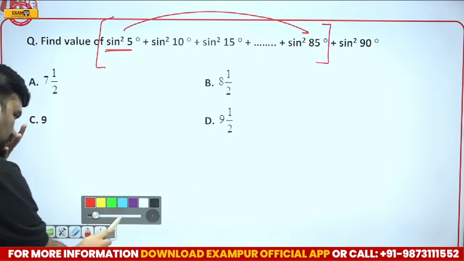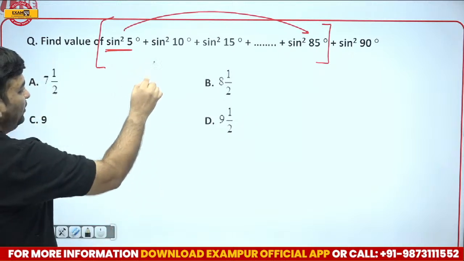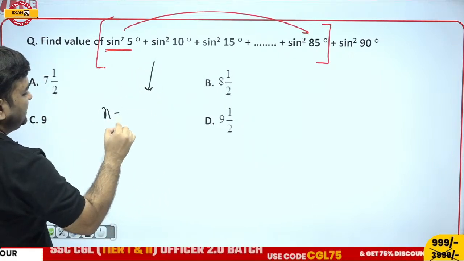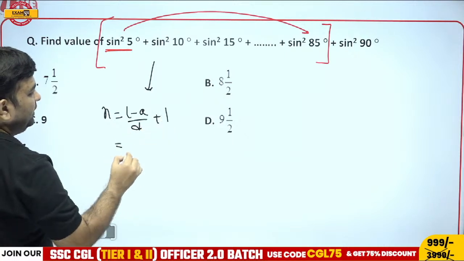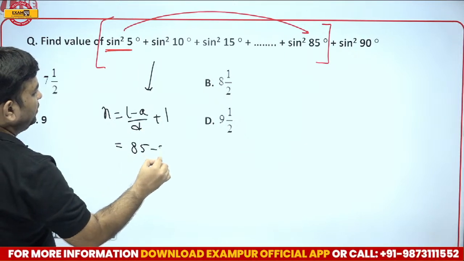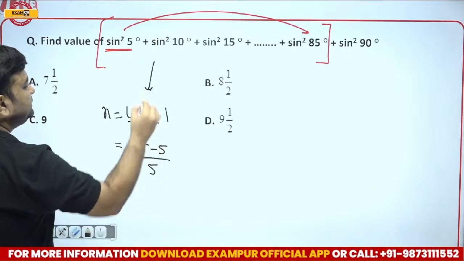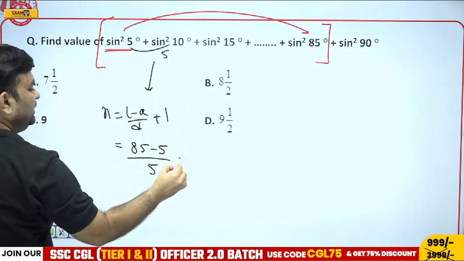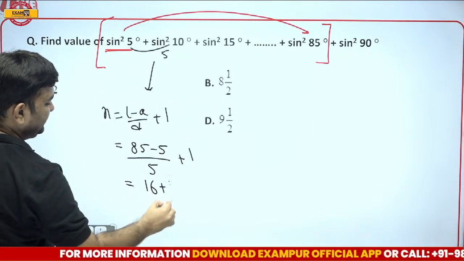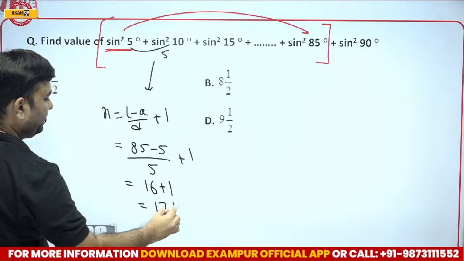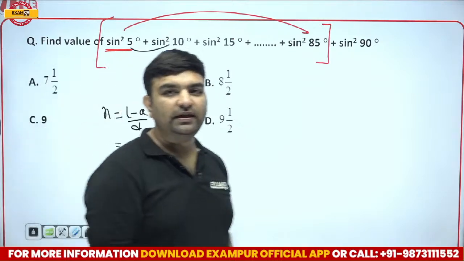So what you will say, sir, calculate the number of terms. Number of terms is last minus first over common difference plus 1. 85 minus 5 over common difference of 5 plus 1. 80 by 5 is 16 plus 1, 17. Number of terms is 17.